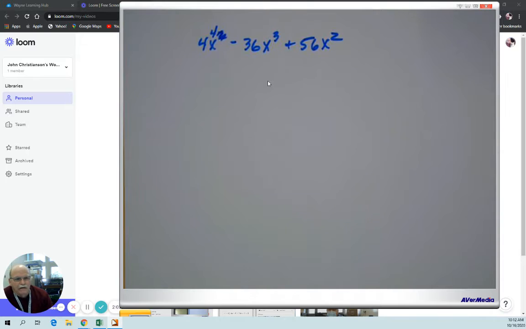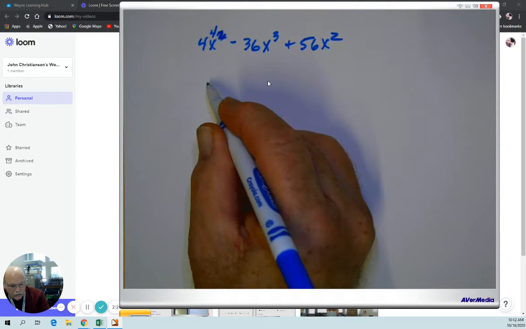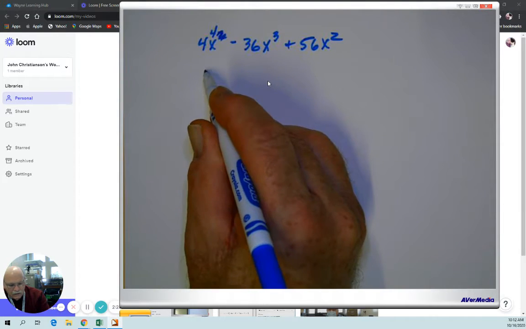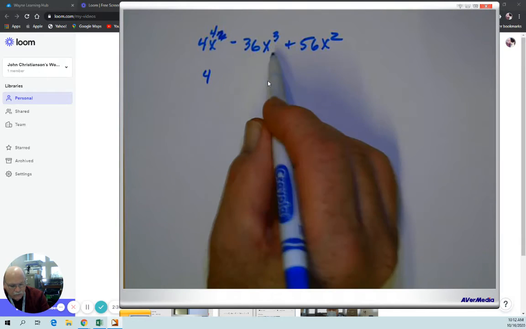I think when you do that, we're going to find that 4 goes into 36, 9 times. And 4 goes into 56, 14 times. So first thing I'm going to do then is take the 4 out, right?